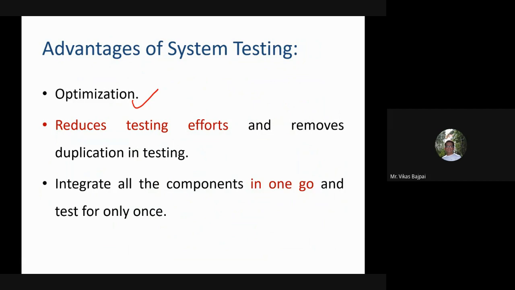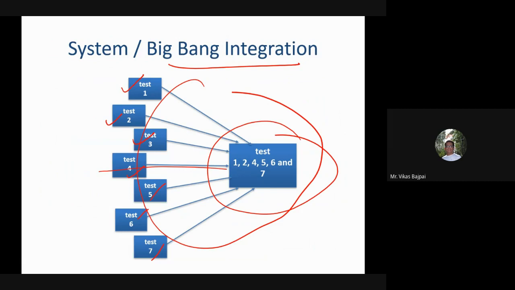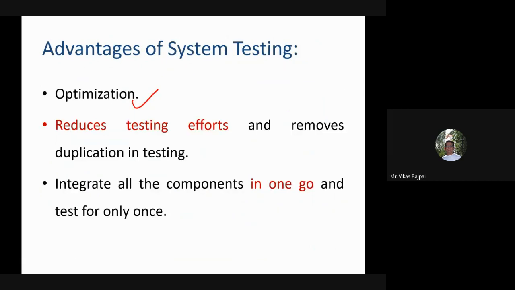A lot of effort is given in each and every step in the other approaches, but in case of system testing, it's done at the end. So system testing, that means I'm talking about your Big Bang approach.